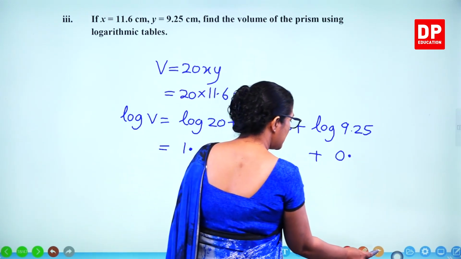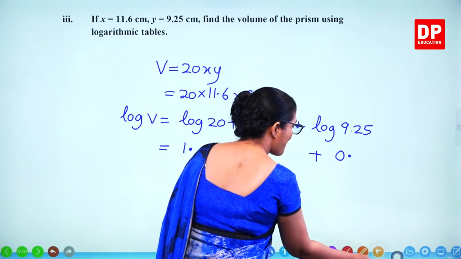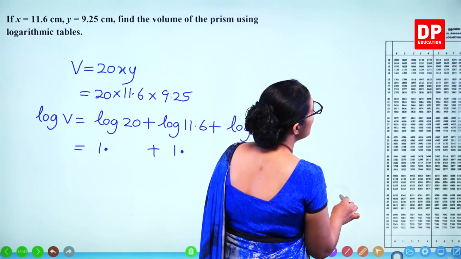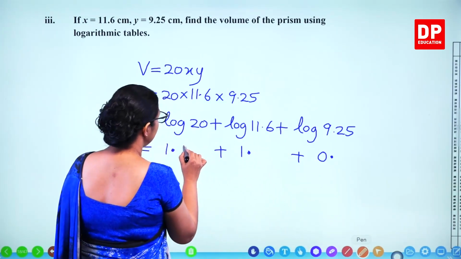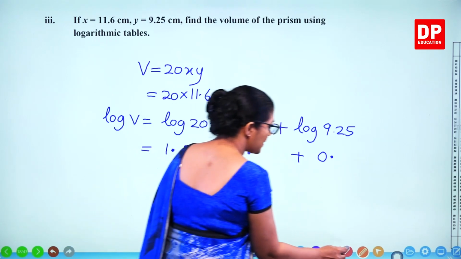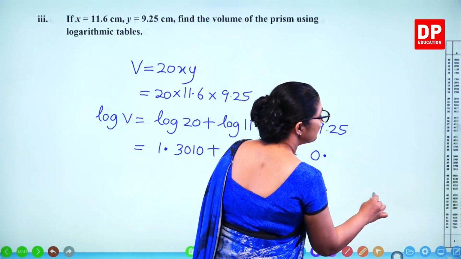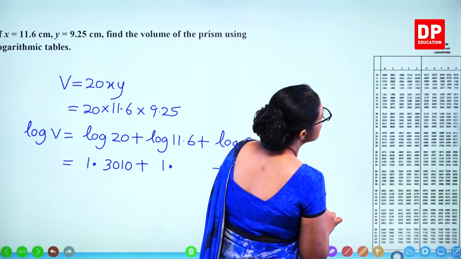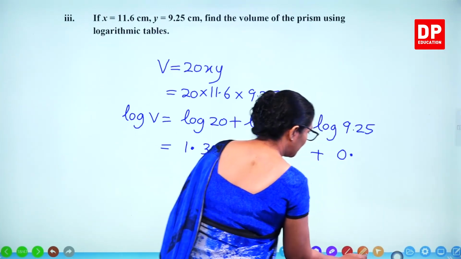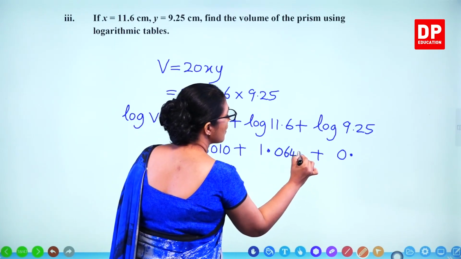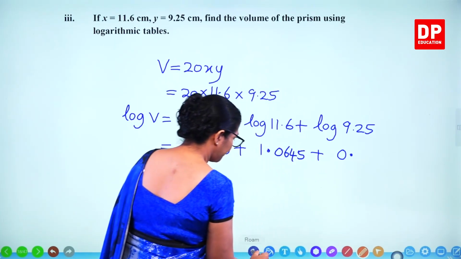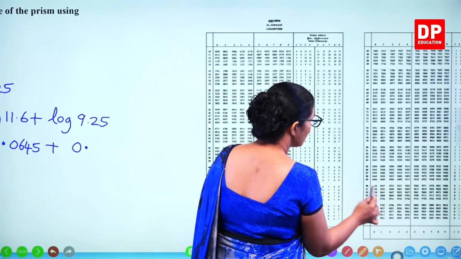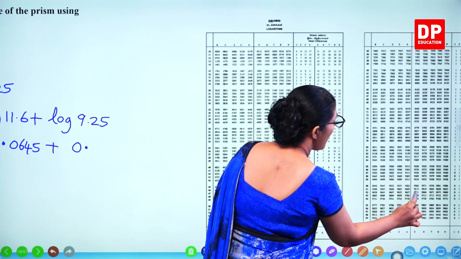Now we'll refer to the table. For 20, 1.3010. For 11.6, 0.0645 from the first table, and the mean difference gives 1.0645. For 9.25, you have to refer to the second table, giving 0.9661.